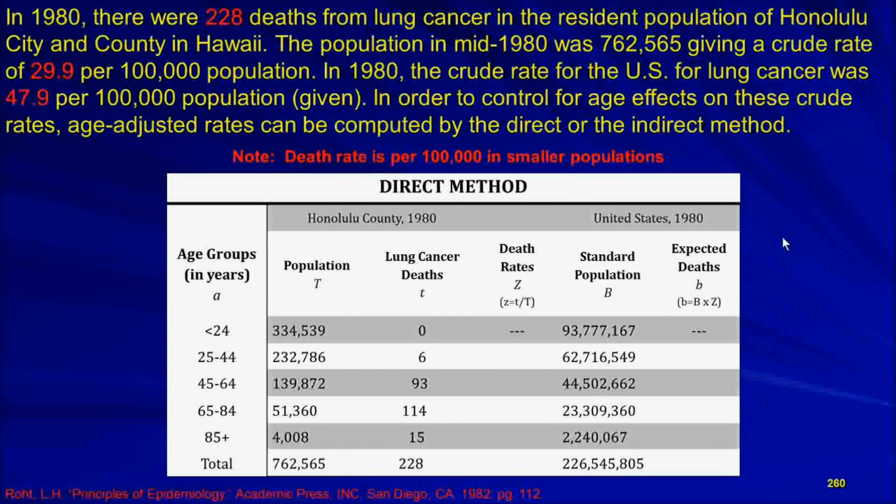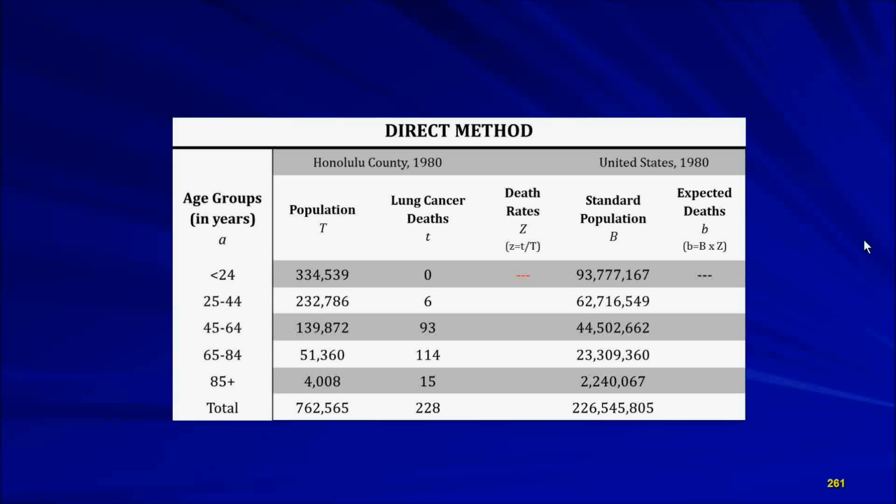Now, let me get to the next slide here for you, and we're going to see how this table is really completed. I'm going to show you a problem, but I don't want to start with it.